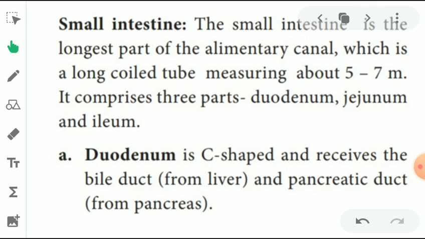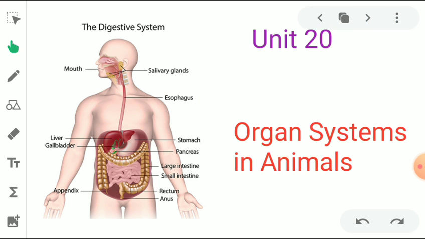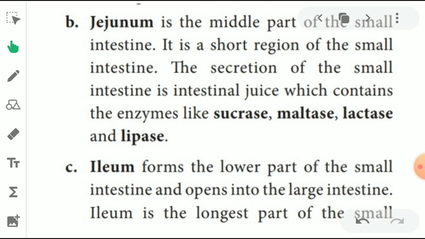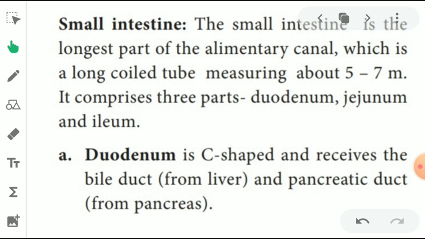Small intestine is the longest part of the alimentary canal, a long coiled tube measuring about 5 to 7 meters. It has three parts: duodenum, jejunum and ileum.